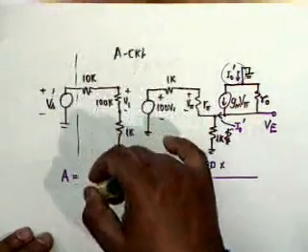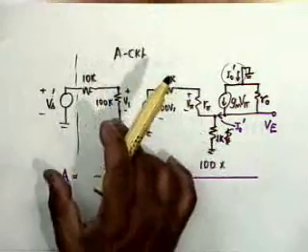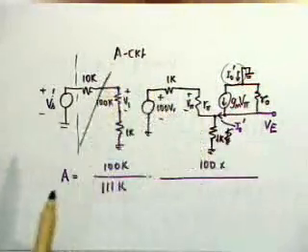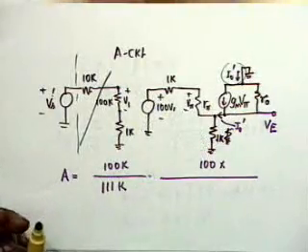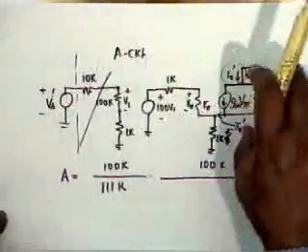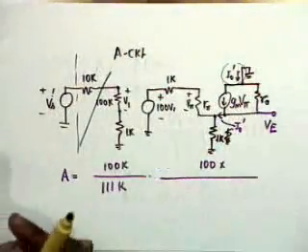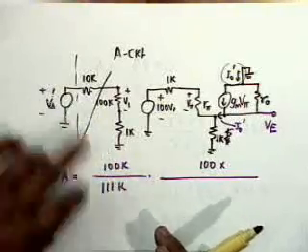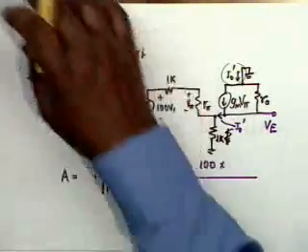If this was a current source and 10K was absorbed in this circuit, you had to absorb it, because one of the fundamental steps is that the A circuit must absorb RS and RL. And therefore it is not 101K, it is 111K.